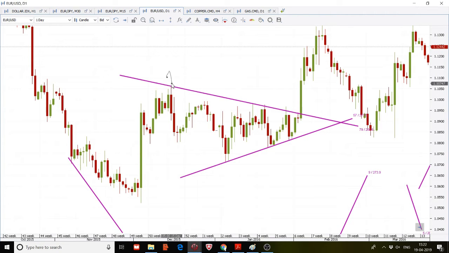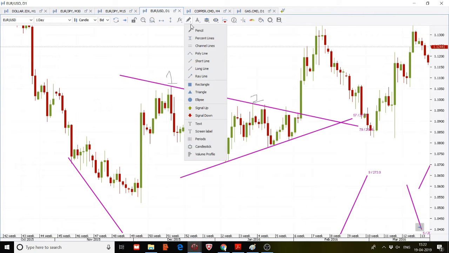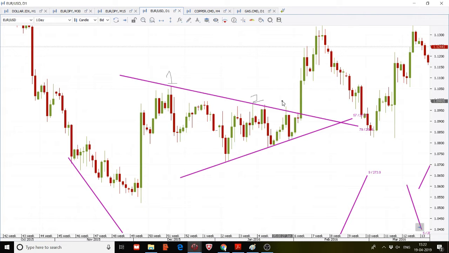This is the one, this is the two, and the third one, which fulfills our guideline.